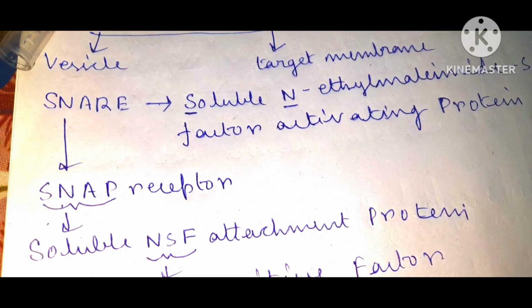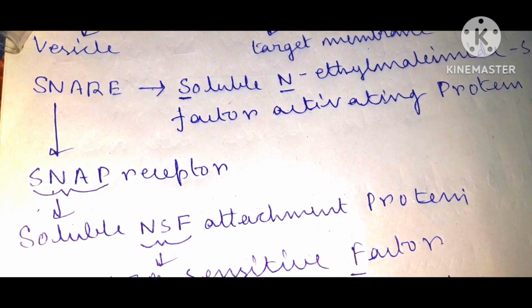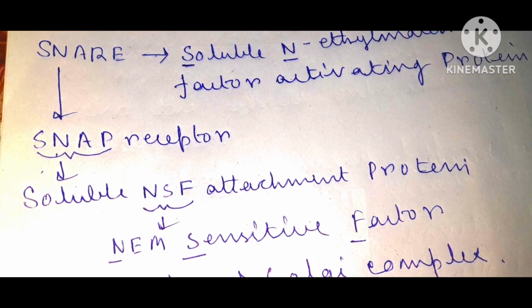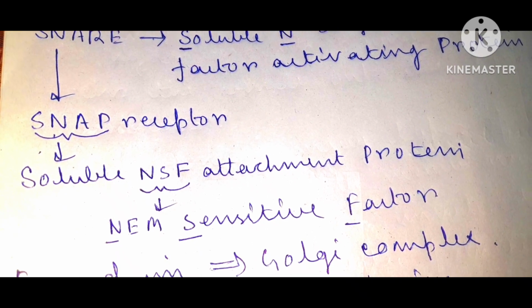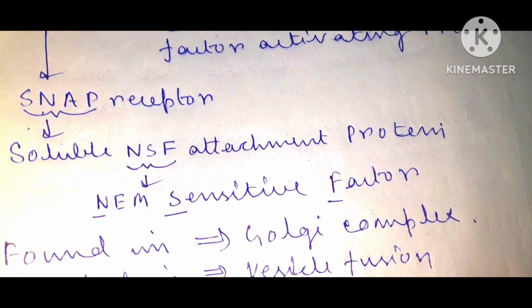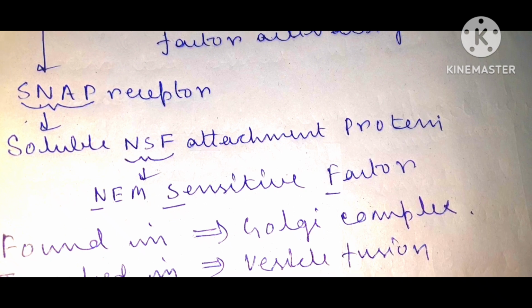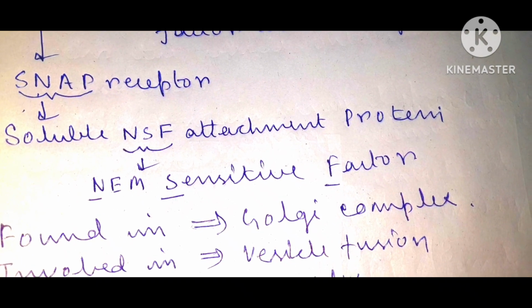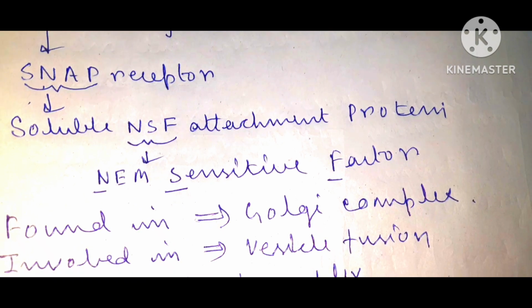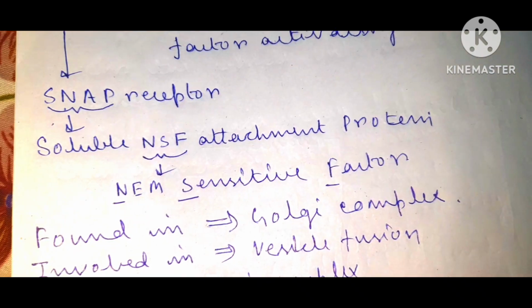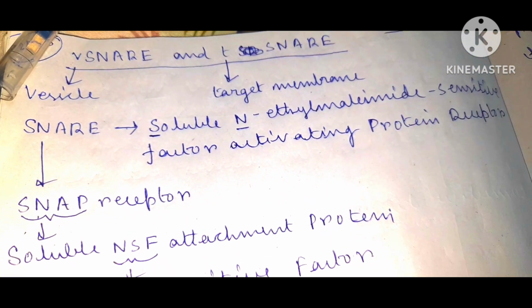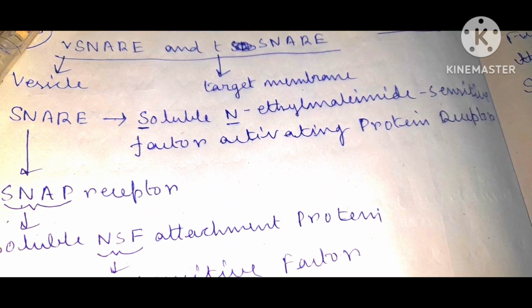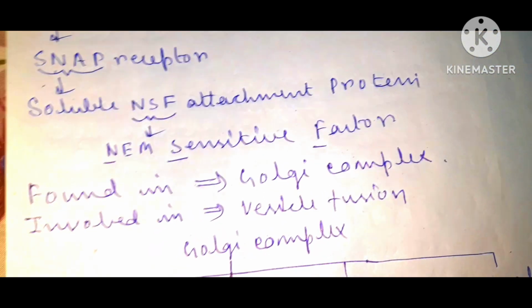So this SNARE is nothing but SNAP receptor, and the full form of SNAP is soluble NSF attachment protein, and the full form of NSF is NEM sensitive factor. Now let's discuss in detail about this SNARE, v-SNARE, t-SNARE and SNARE hypothesis.